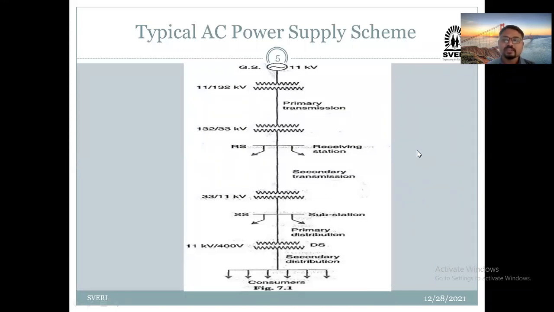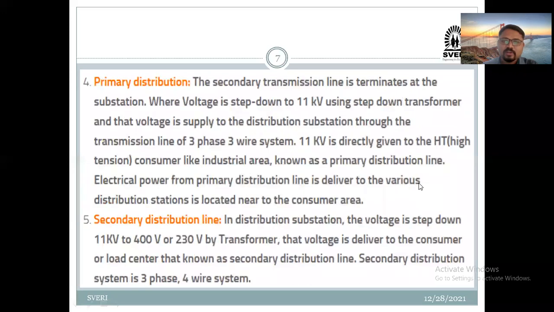We are going to carry out the secondary distribution with the help of the 3-phase 4-wire system. Did everybody get the 3-phase 4-wire system? Why is it called a 3-phase 4-wire system? Because there are these 3 wires and one neutral, that's why they say it is the 3-phase 4-wire system. Did everyone understand?